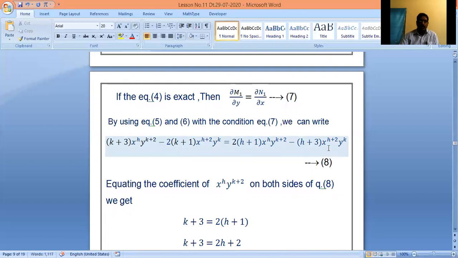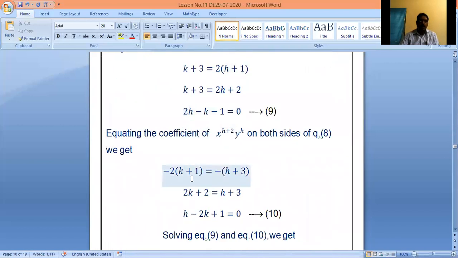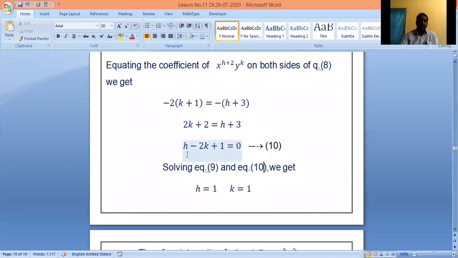Here the coefficient of x^(h+2) y^k is −(h+3). By equating these coefficients, we get −2(k+1) is equal to −(h+3). Therefore, 2k+2 is equal to h+3. Therefore, h − 2k + 1 is equal to 0. Let this equation be 10.